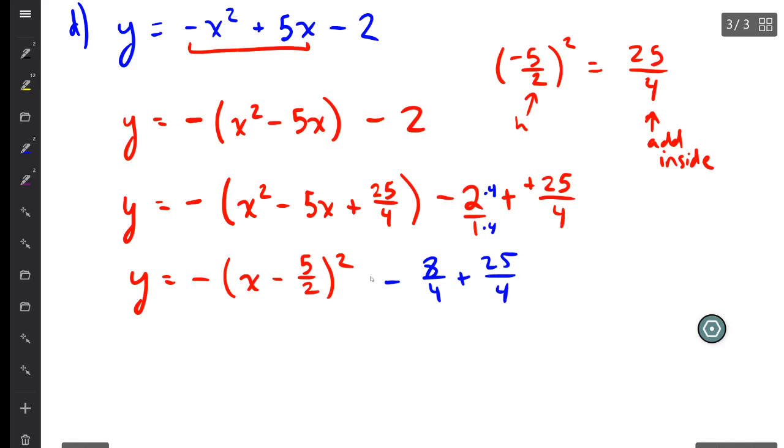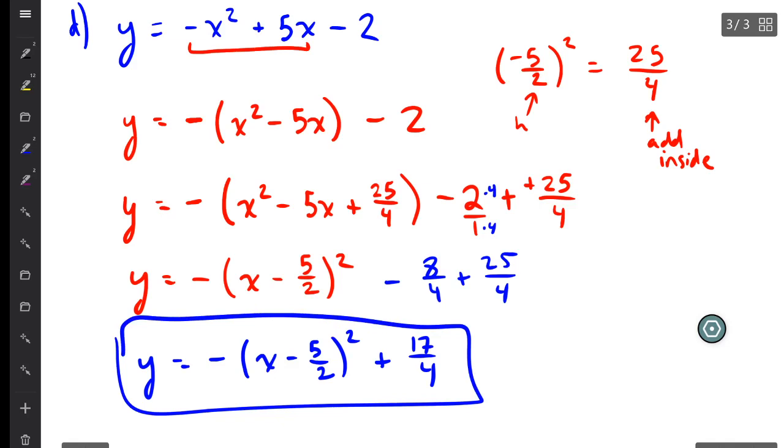Okay, 1 is negative, 1 is positive, which means I'm subtracting. 25 minus 8 is 17/4. This is positive, so we're going to keep it as positive. So our final answer is going to be y equals negative, parentheses, x minus 5/2, close the parentheses squared, plus 17/4.